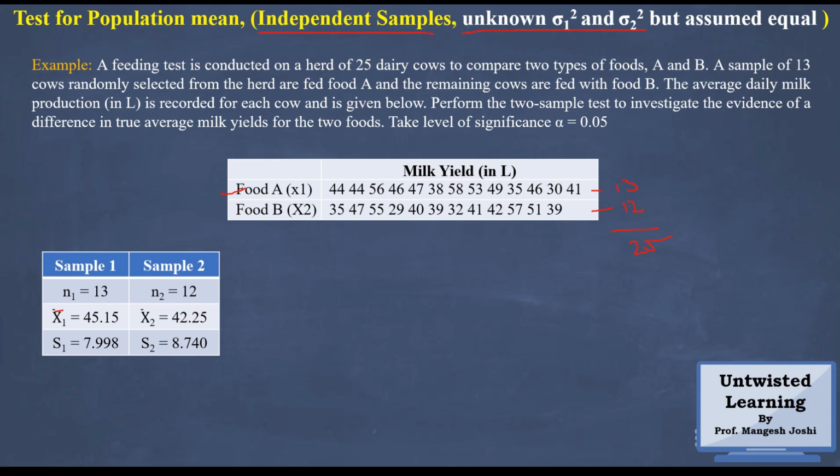If you calculate the x1 bar of this, you will get 45.15, and if you calculate the standard deviation of this, you will get 7.998. Similarly, if you calculate x2 bar of this population, you will get 42.25 and S2 as 8.740.